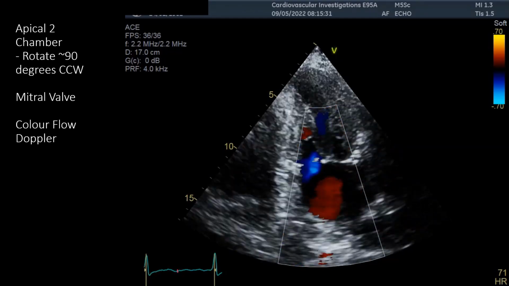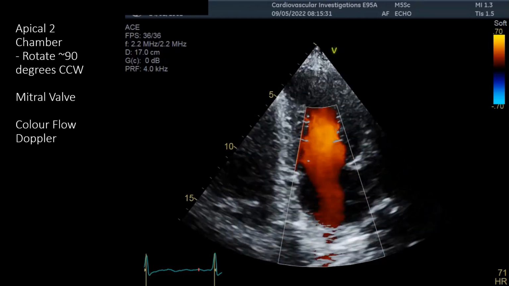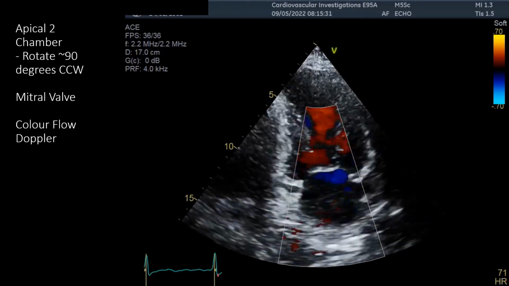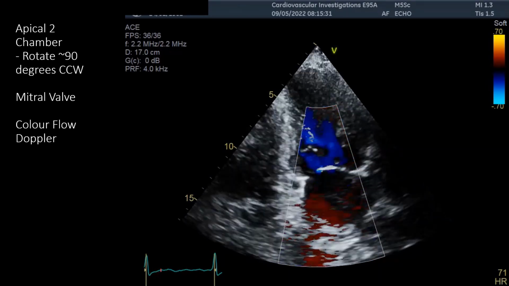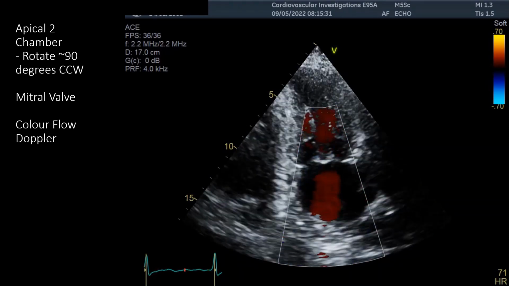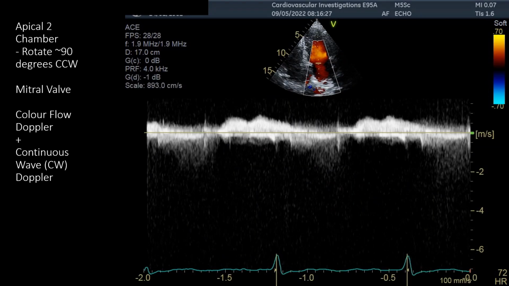But our best alignment will give us the most accurate information about the velocities occurring across any orifice. And again, we're looking at continuous wave Doppler here of the mitral regurgitant jet, which is again just trivial.